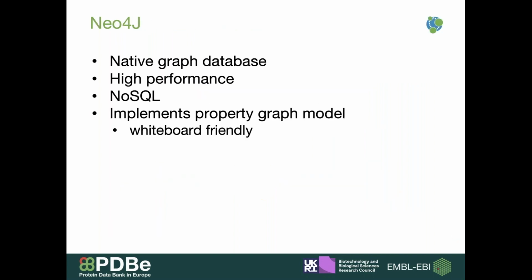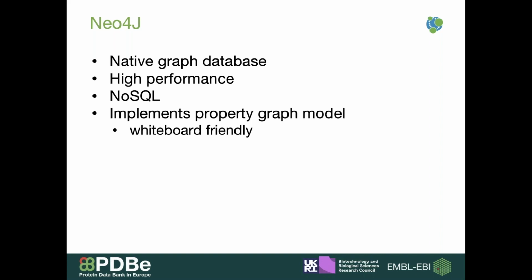So let's talk about Neo4J. Neo4J is a graph database which is developed by Neo4J Technologies. It is a native graph database, which means it stores data in the same way we see the data.